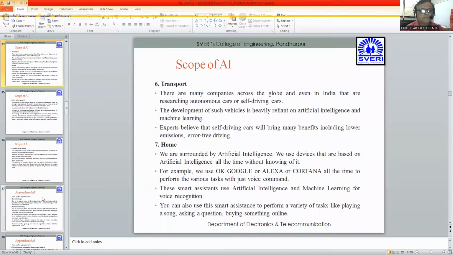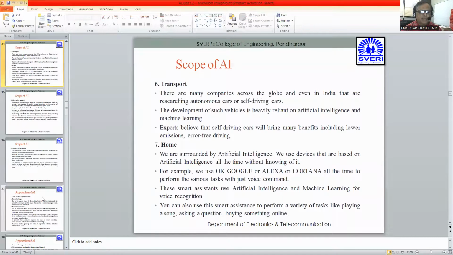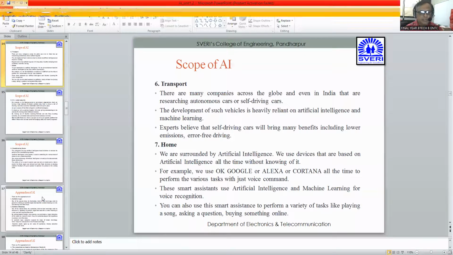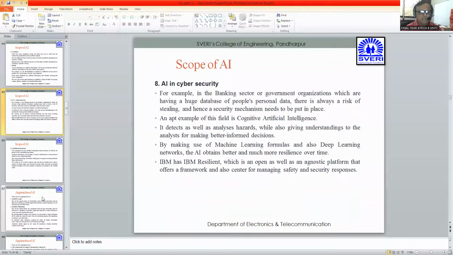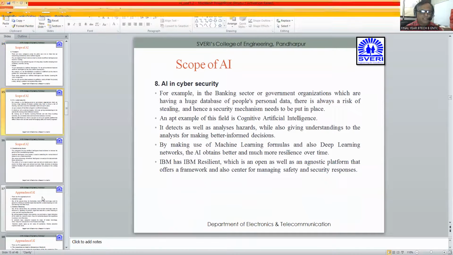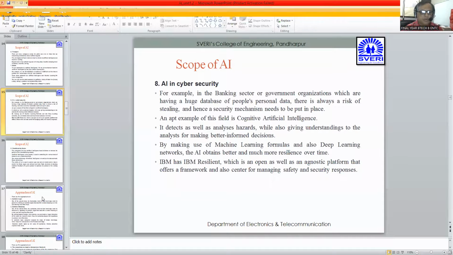Then in transport, like self-driving cars, and at home, like OK Google, Alexa, Cortana, and Siri. These are smart assistants that perform a variety of tasks like playing songs, asking questions, and buying something online. These are some of the scope. Then AI in cybersecurity. The best example of cybersecurity is a cognitive AI that is being used in cybersecurity.